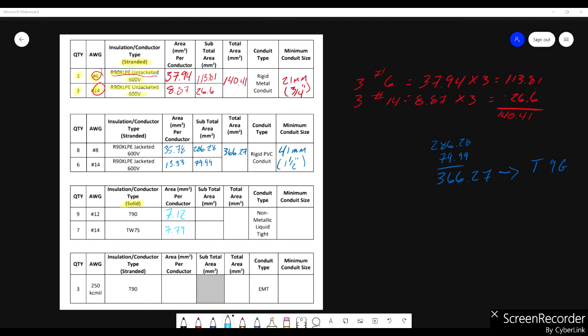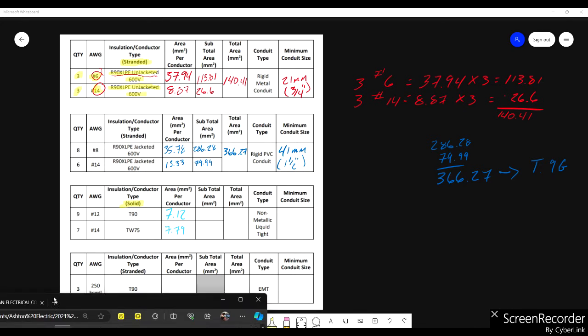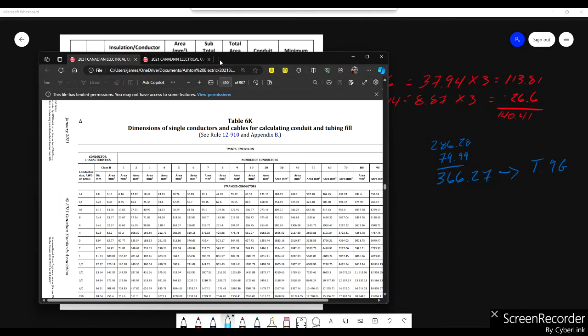Table 6 or 9, give me a second here. T90, near the end. It'd be nice if T90 is at the beginning, because like I said, that is the most common conductor that we're using in conduit. Alright, so T90, and we have number 12s and 9 of them.